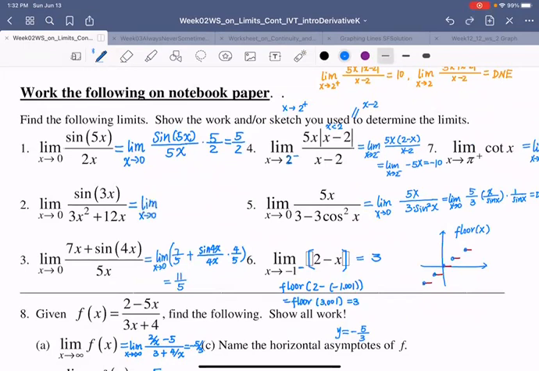So on the top here, you put sine 3x. And then for the denominator, you take out the 3x. You're left with x plus 4. X plus 4, very good. And this thing is going to be 1, right? Right. And when x goes to 0, 0 plus 4 gives you 4. So the answer is 1/4. 1/4, very good. Thank you.